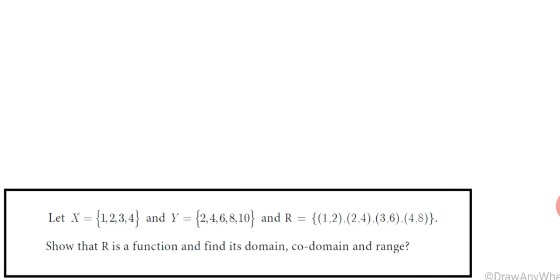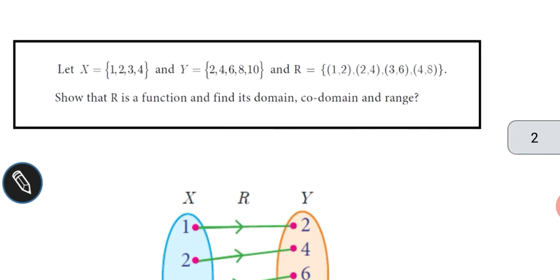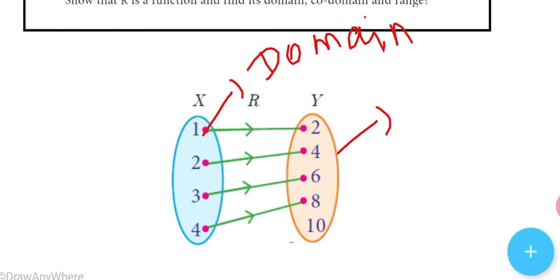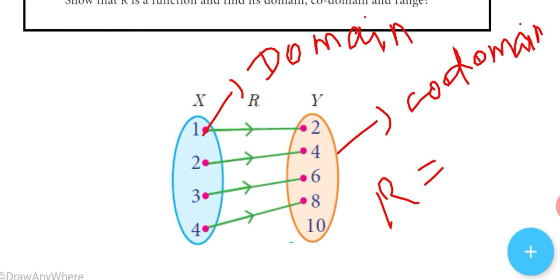Clear? Okay, now we are going to find domain, codomain and range. So this is domain, X is the domain and Y is the codomain, and the range is: 1 is related to 2, 2 is related to 4, 3 is related to 6, 4 is related to 8.